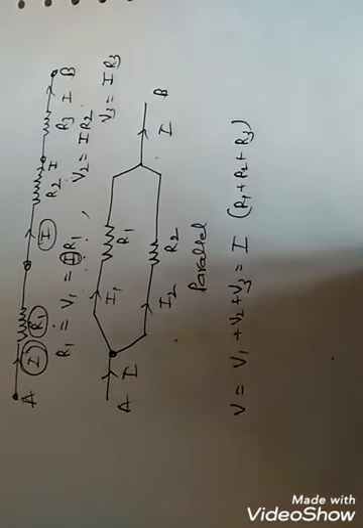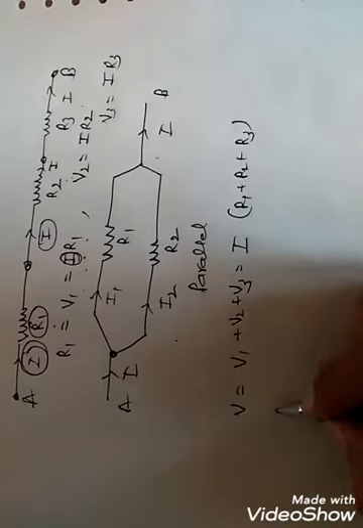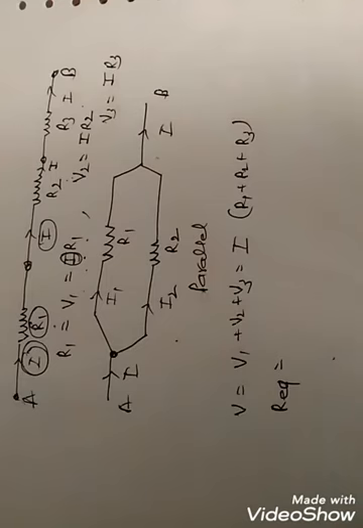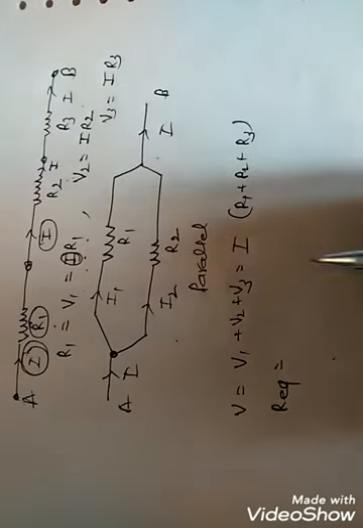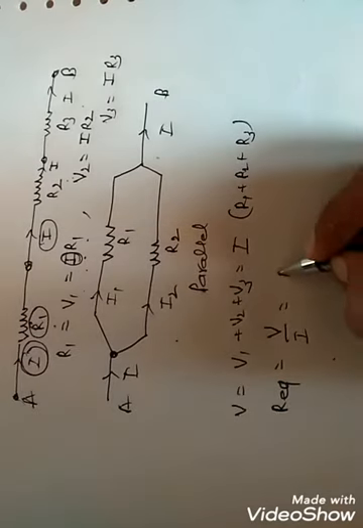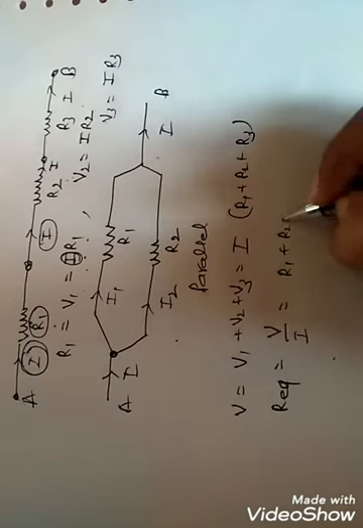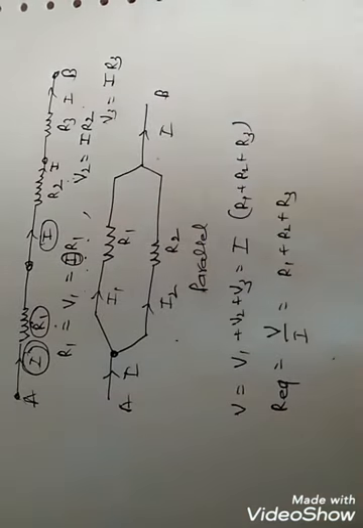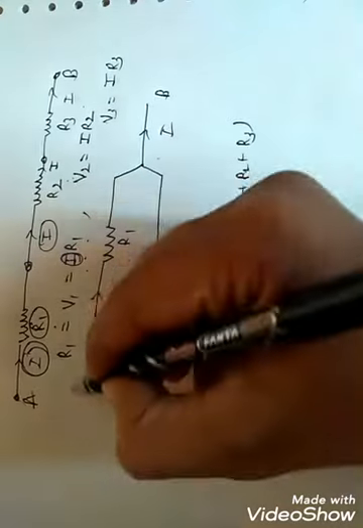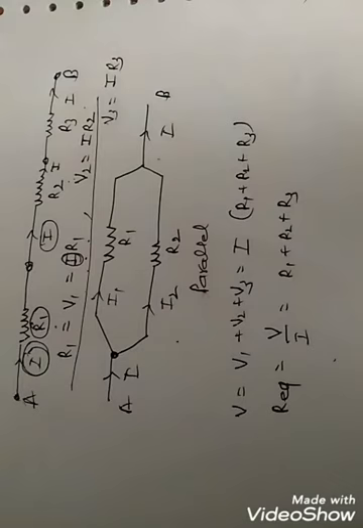So the equivalent resistance for a series combination of resistors is V upon I, which is equal to R1 plus R2 plus R3. This is the equivalent resistance for a series combination of three resistors.